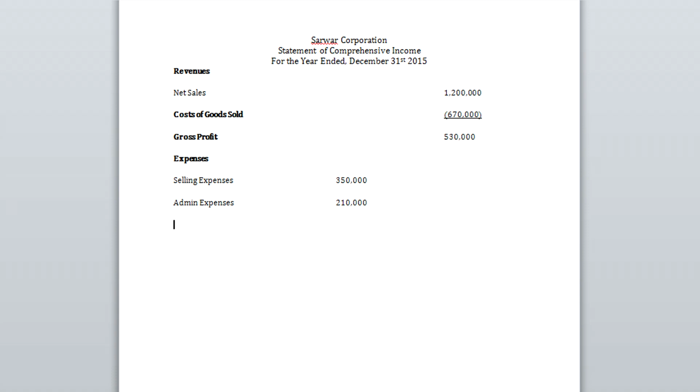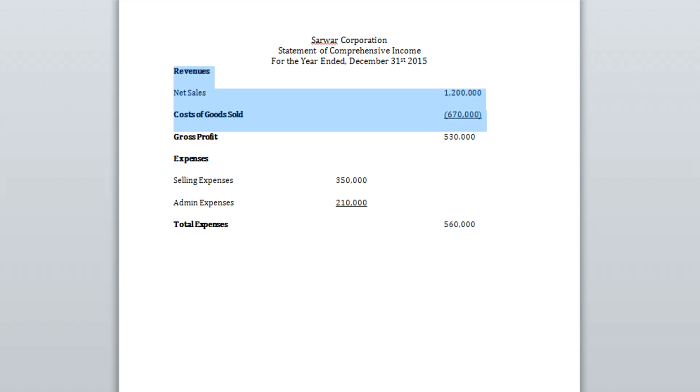And then all we want to know is our total expenses. I don't know why that is red. We will change that right now. So we want our total expenses, and we're just going to add up our selling expense and our admin expense. So $350,000 plus $210,000 is going to give us $560,000.